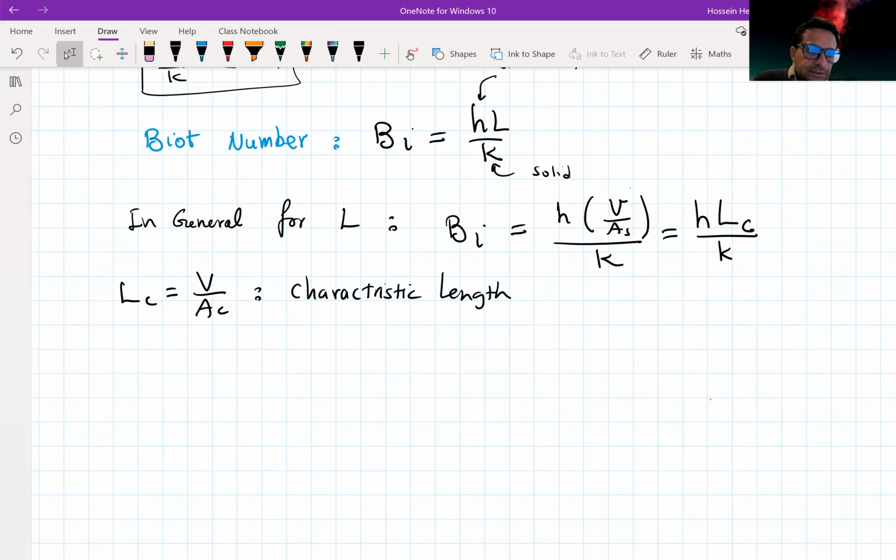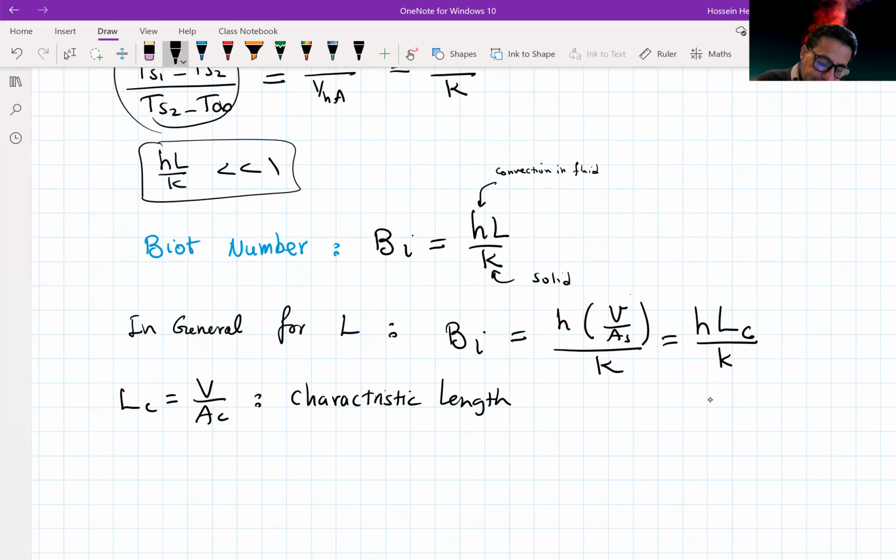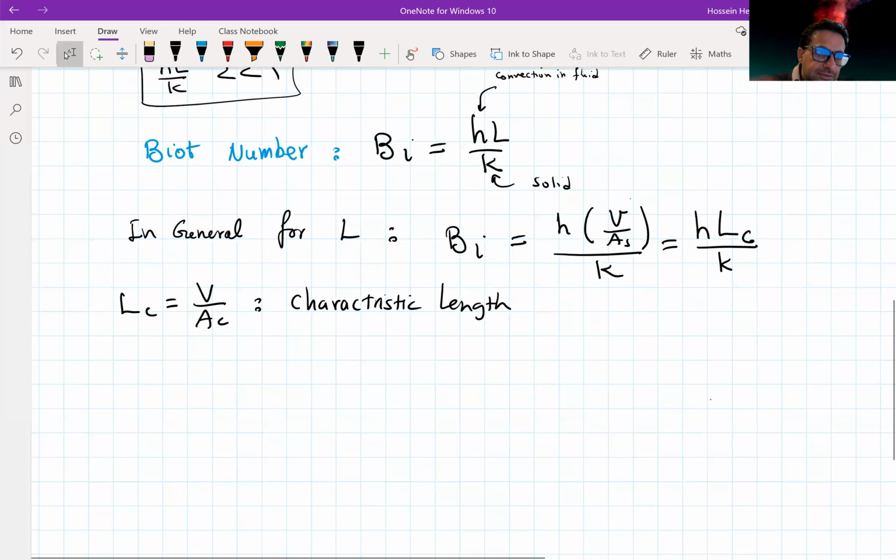Now, if this Biot number is much less than 1, then the lumped system is valid.